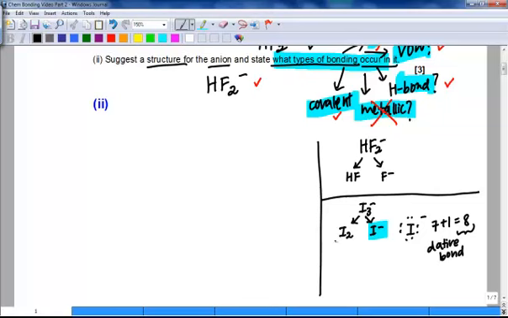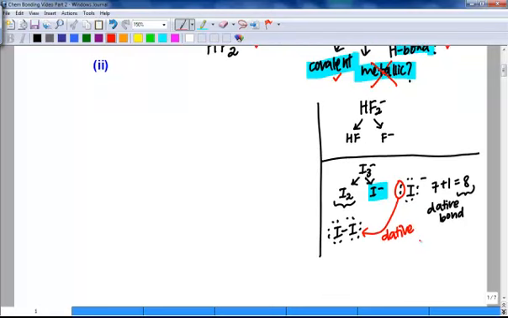For the I2 over here, we know that it can be drawn in this manner. For this I-, because I have a lone pair of electrons, I can contribute to this iodine atom through a dative bond. And this is how your final product would look.